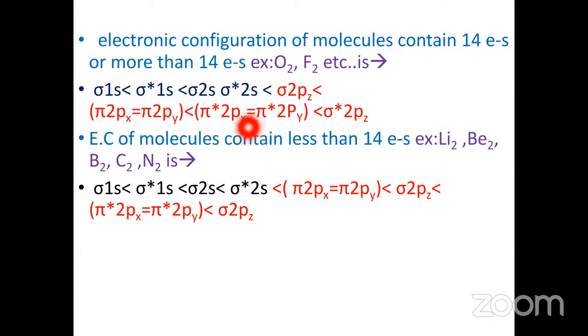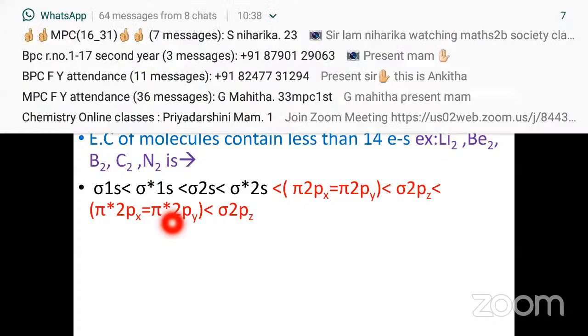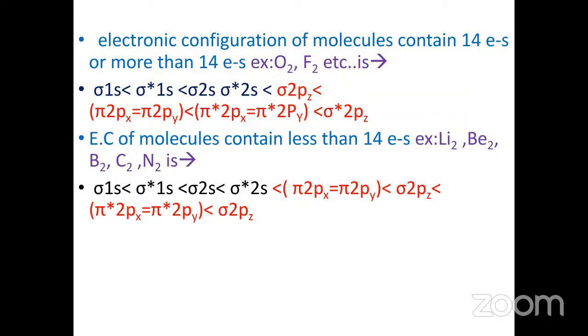In molecules with 14 electrons, after the 2s orbital the electron enters sigma 2pz. But in molecules containing less than 14 electrons, the electrons after the 2s orbital enter pi 2px and pi 2py. Next the electrons enter pi 2px, pi 2py, and pi star 2px, pi star 2py, then sigma star 2pz.